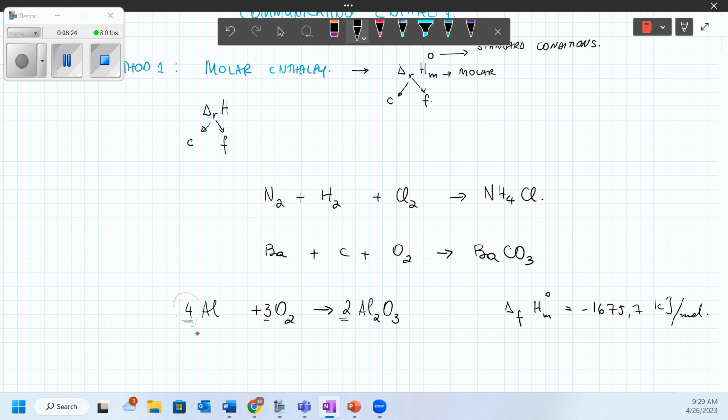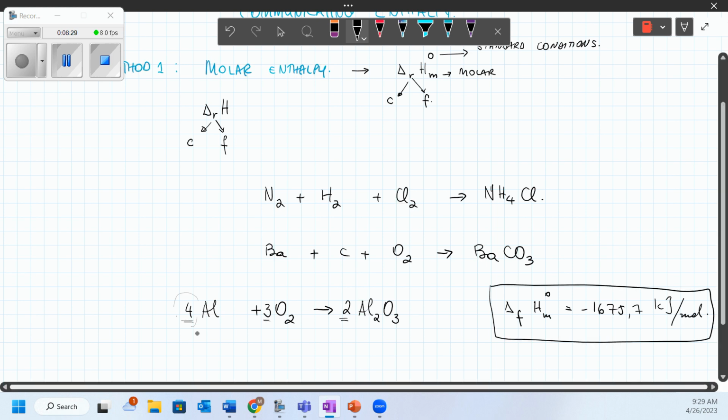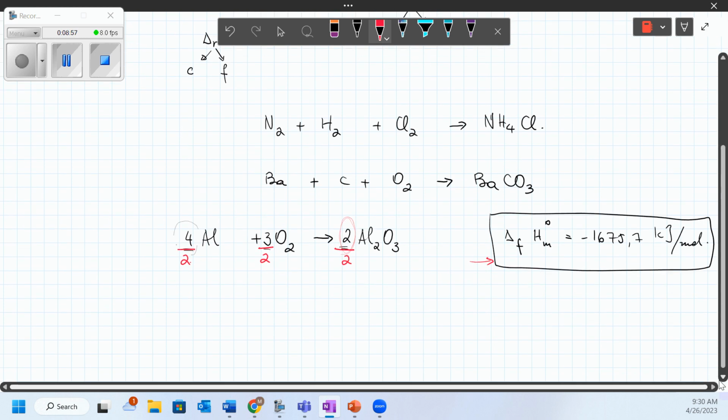Okay, but what we have here from the data booklet is actually 1 mole. So if we want to express the molar formation, we write the moles in front of aluminum oxide as 1. In other words, we divide all of the coefficients in the balanced reaction by 2.